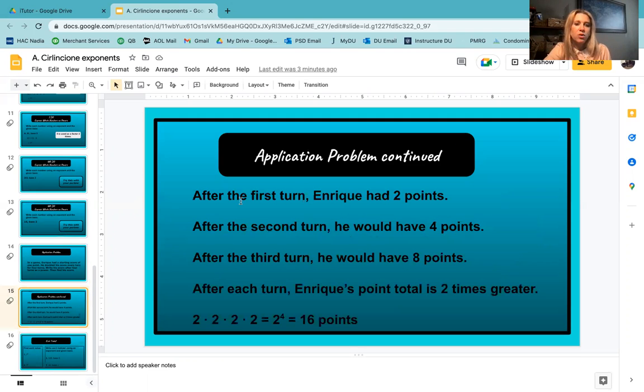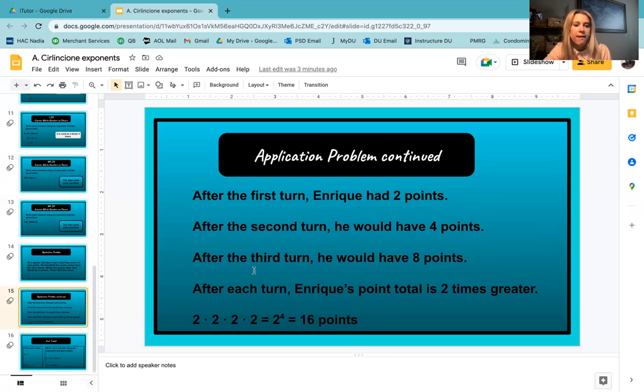This seems a little challenging. Let's think about it. So he had a starting score of 1 point. Then he doubled his score every turn for 4 turns. How would we do this? So the first turn he had 1 point, right? But after the first turn, he had 2 points. After the second turn, if it doubled, he had 4 points, right? After his third turn, he would have had 8 points.